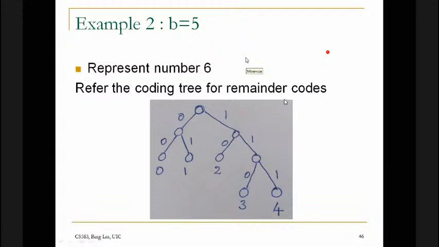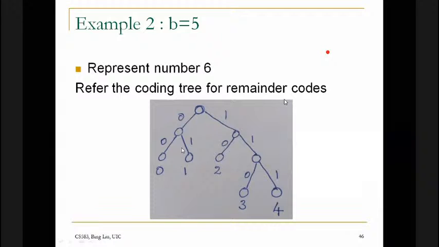Now what is the code for remainder 1? Because it is 1, you can't take the binary representation as one digit. You have to take as many digits as we want according to this. So you see, this leaf is remainder 1. What is the code for 1? You read from the root, so 0, 1.